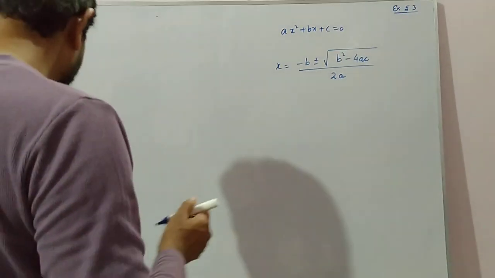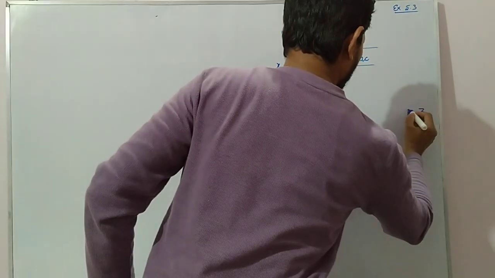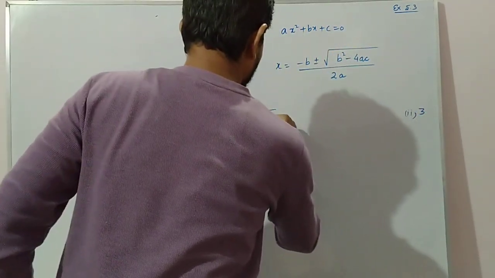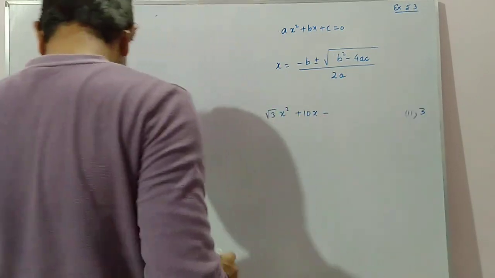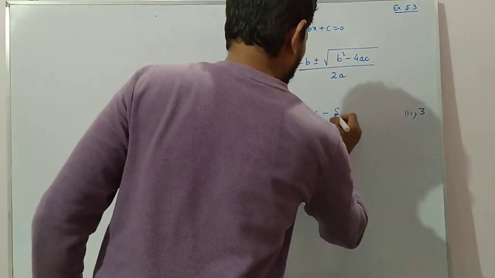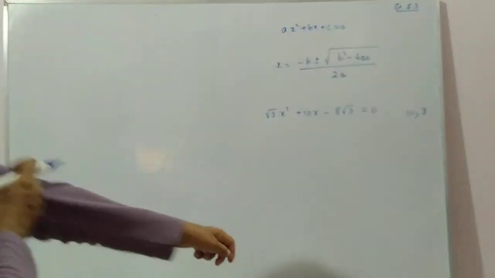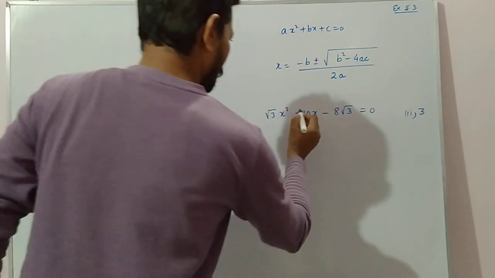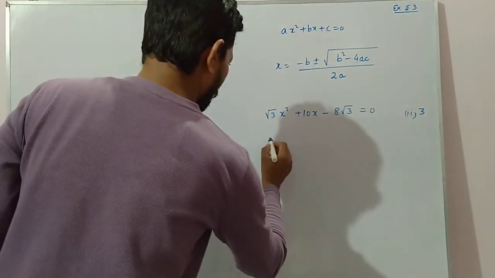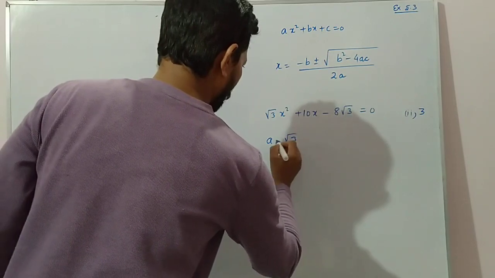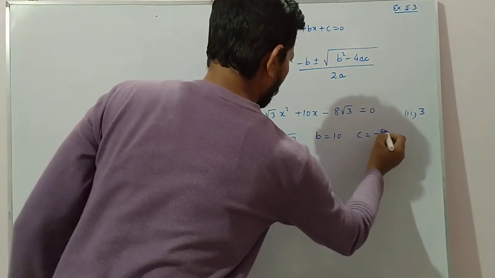Question number 3, number 2, that is root 3x square plus 10x minus 8 root 3 equal to 0. So again we have to use formula. So a is given to be root 3, b is 10, c is minus 8 root 3.